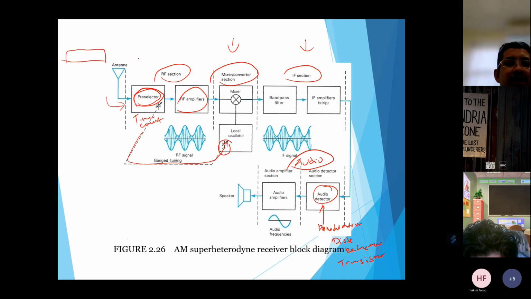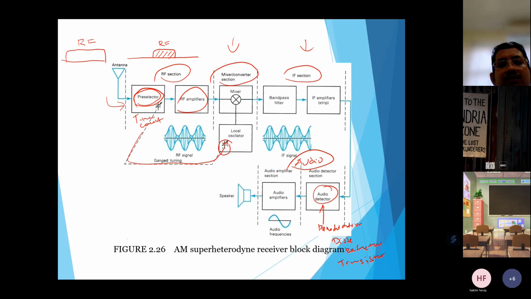Sampai kepada preselector, dia akan select bandwidth yang kecil sahaja, small bandwidth. Okay, but this is still within the RF range. Dia masih dalam julat RF. Okay, kita terima RF radio frequency tadi, big bandwidth jadi small bandwidth, tetapi masih dalam julat radio frequency.